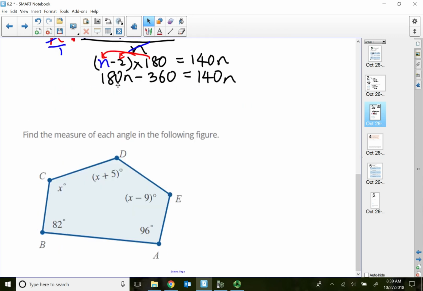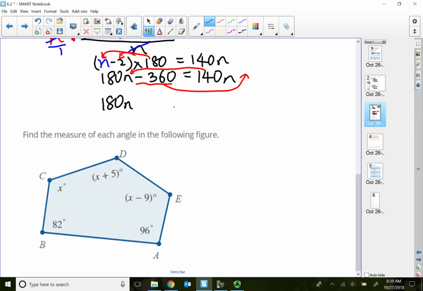Since 180n is bigger than 140n, I'm going to move my 140n to the left side, and negative 360 to the right. So positive 140n comes over to the left and becomes negative, and negative 360 goes to the right and becomes positive. 180n minus 140n gives me 40n equal to 360.